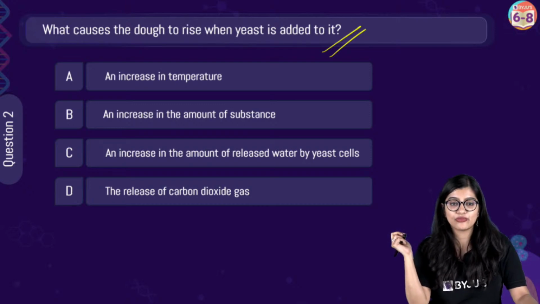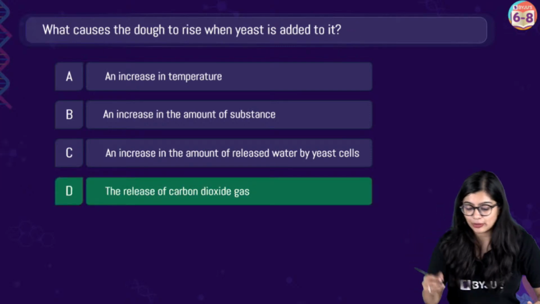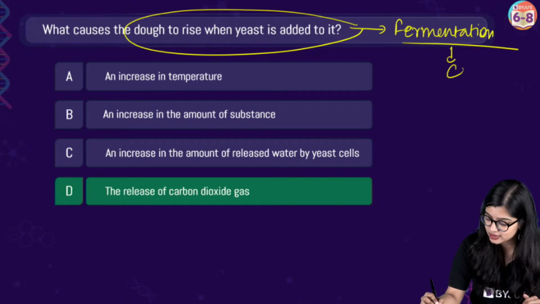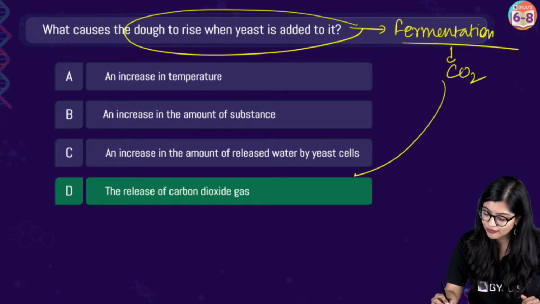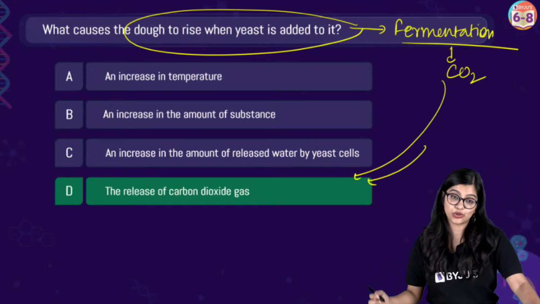Very good, all of you. Yes, exactly. It's very simple. When yeast is added to the dough, the fermentation process happens. When fermentation happens, carbon dioxide is produced, and the release of carbon dioxide causes an increase in volume, hence causing the dough to rise.